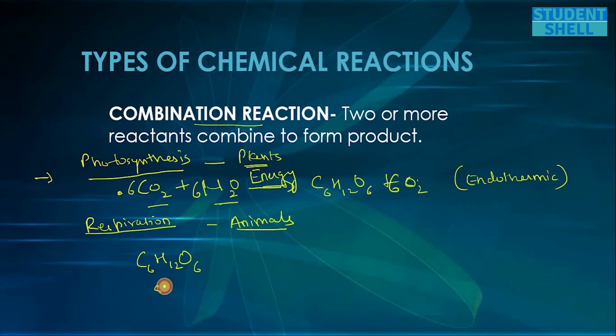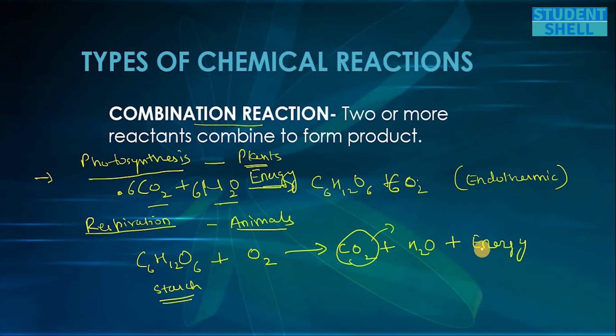What is that food actually? It is in the form of starch. Now what happens inside our body is, we inhale oxygen and in the presence of this oxygen, starch will give CO2 plus H2O plus energy as well. And this is given out of our mouth, while this is what our body utilizes.